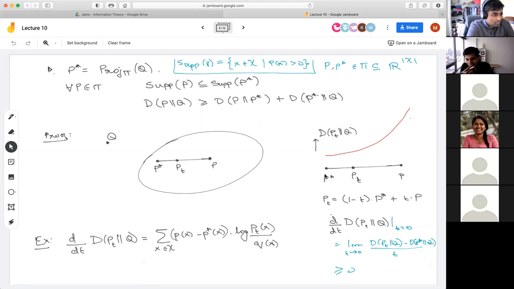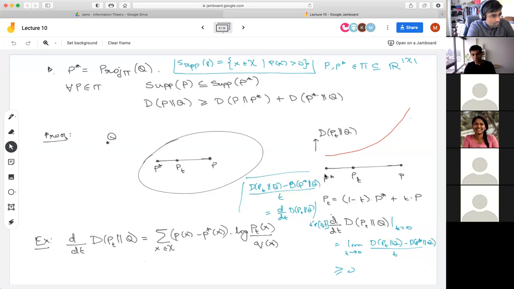Okay. The more formal way of saying it is really that the derivative, or rather, if I look at the difference between P_t and Q minus the KL divergence of P star and Q, then this difference over t is realized as the derivative of the same quantity at some t prime, which is between 0 and t, because of the mean value theorem.